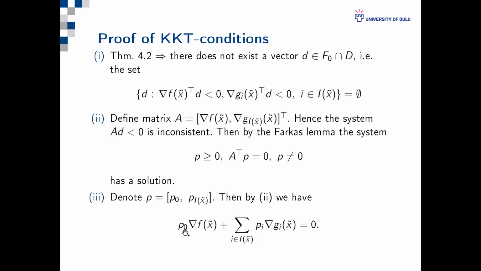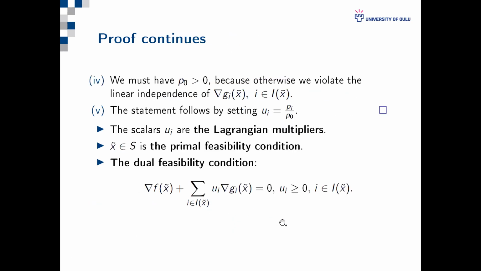So if p_0 is 0, all the remaining coordinates are 0 as well. But that is impossible, because by the Farkas lemma p must be non-zero. So p_0 must be non-zero. And then we choose u_i equals p_i divided by p_0. These Lagrangian multipliers are non-negative.